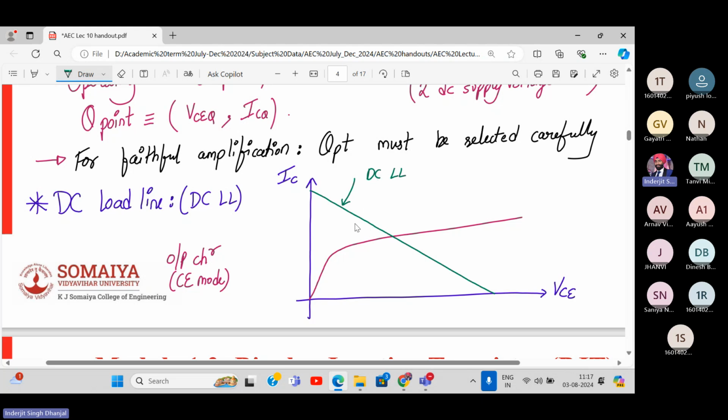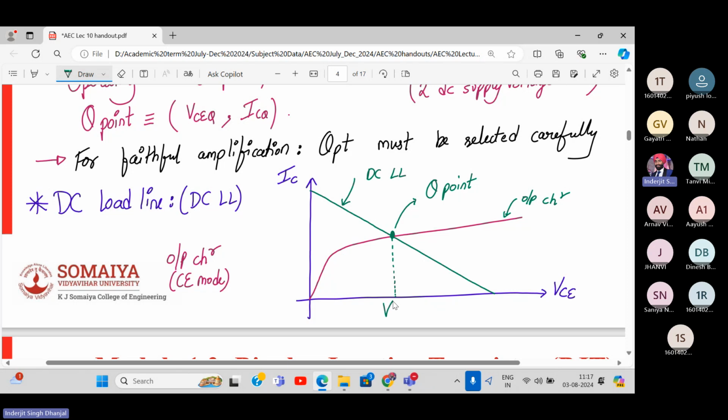So basically, the intersection of the DC load line and the output characteristics graph will give me the Q point. So this is my Q point. Now this Q point corresponds to one particular value of VCE. If we extend it down over here, this value is called VCEQ. And if it extends to the y-axis, it is called correspondingly ICQ. So that is the Q point.